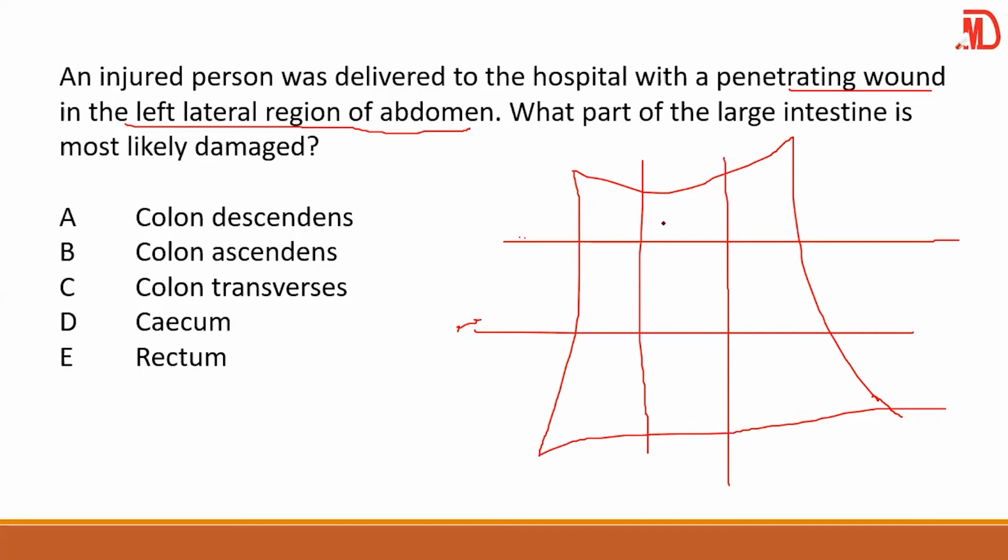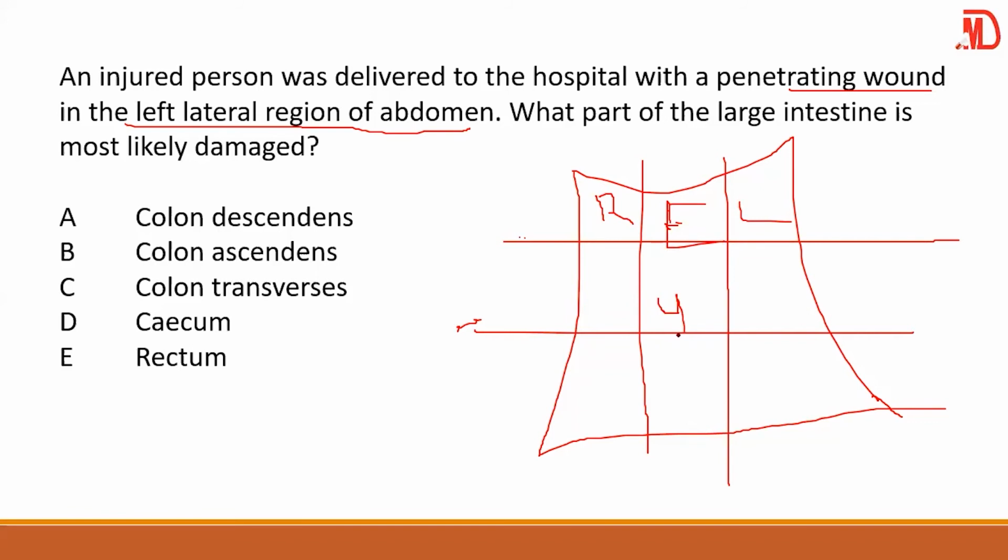So this is the epigastric area. This is the right upper quadrant, or the right hypochondrium, and this will be the left. This one here will be the umbilicus, isn't it?